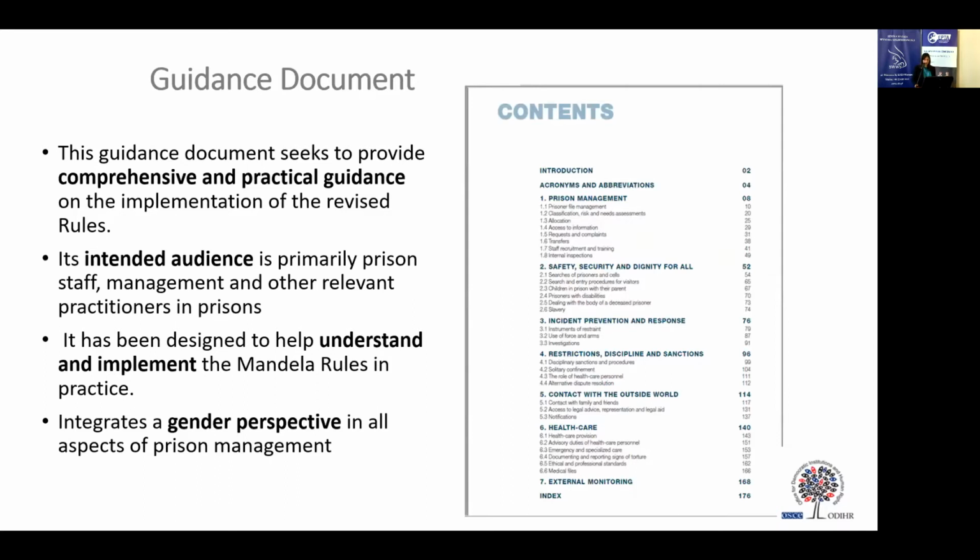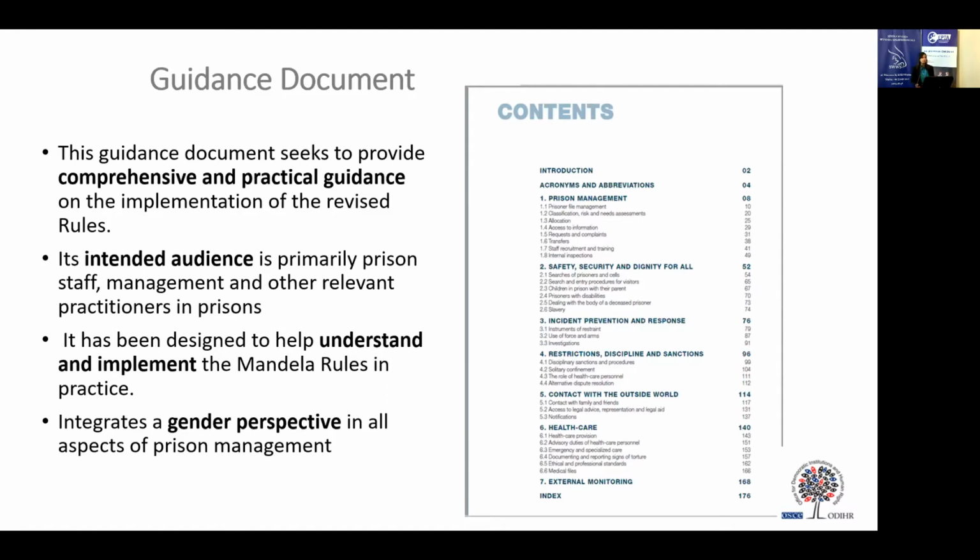It's primarily designed to assist prison administration to understand and implement the Mandela Rules in practice and to improve conditions of detention and the treatment of prisoners, with a focus on preventing torture and other ill treatment. It focuses on the revised rules, and it covers seven main thematic areas.